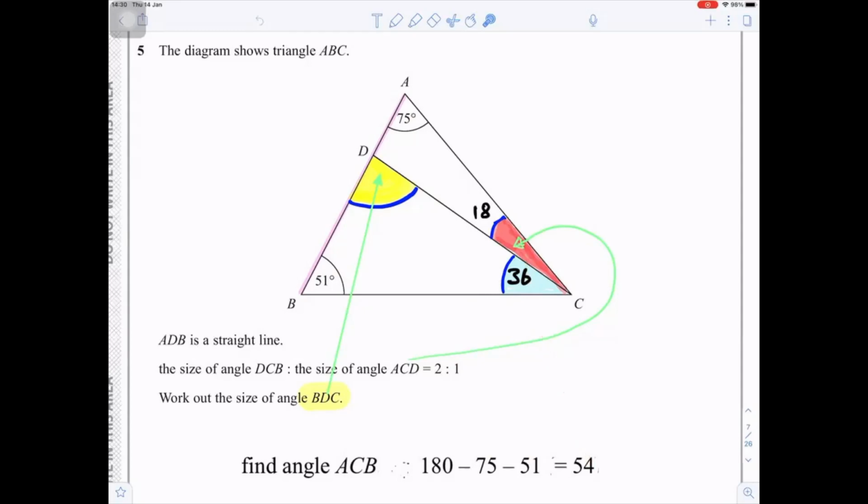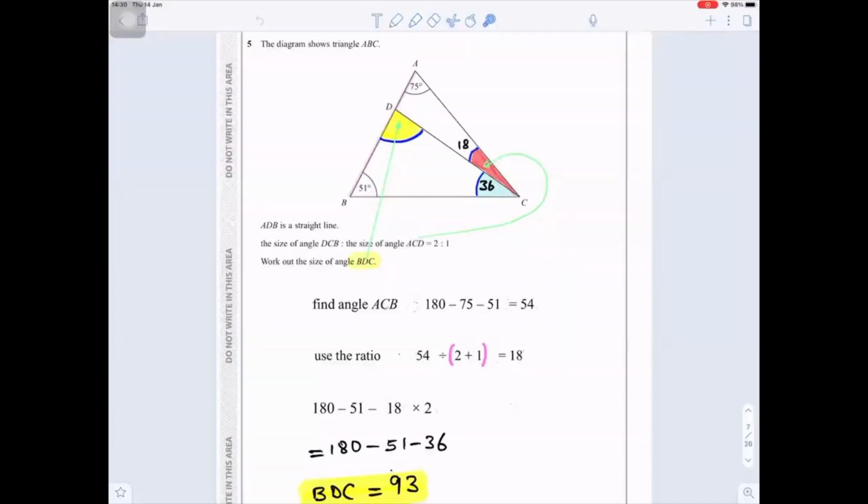So ACB is 54 degrees. And we want to share it between ACD and DCB in the given ratio, 2:1. So we'll do 2 plus 1, which gives you 3. 54 divided by 3 is 18.